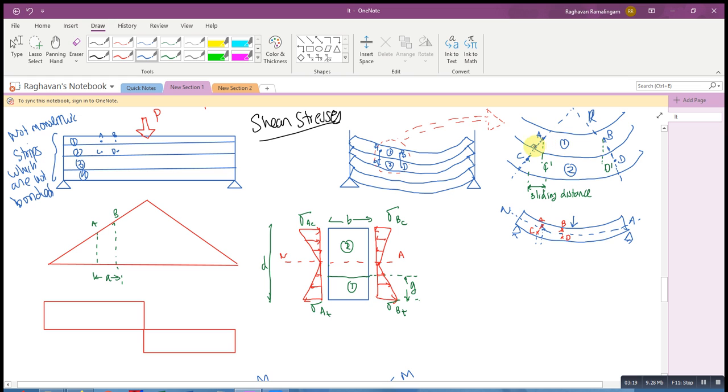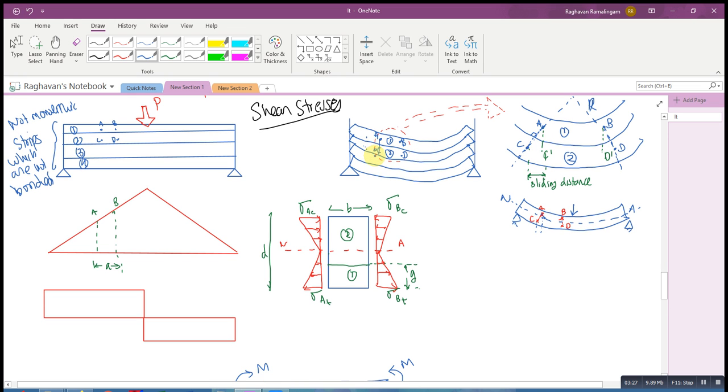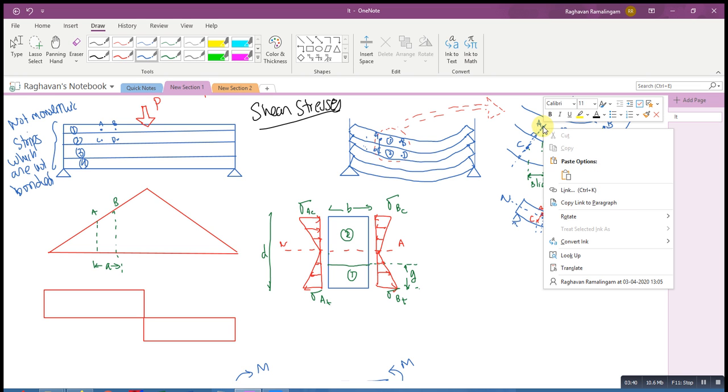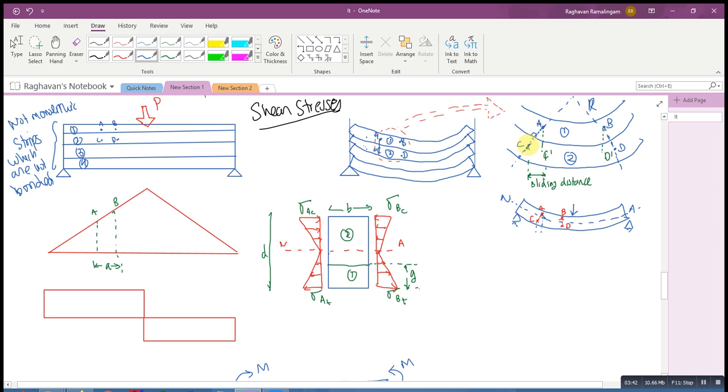After bending, what will happen is, since these two strips are not bonded to each other, this bends separately and this bends separately. Therefore, when the two strips undergo bending, point C will not move along with point A, and it will not lie on the same radius of curvature.